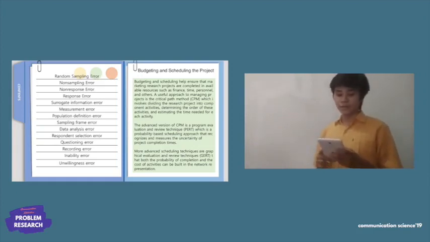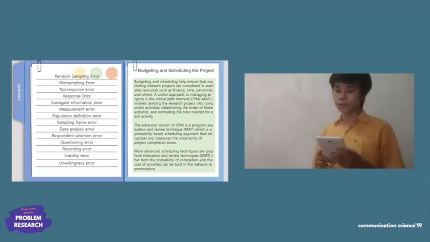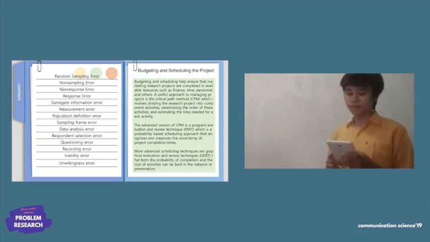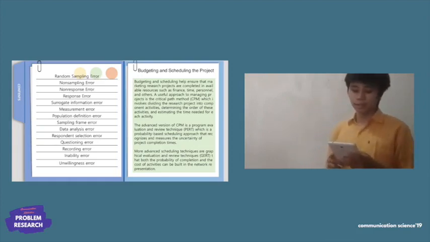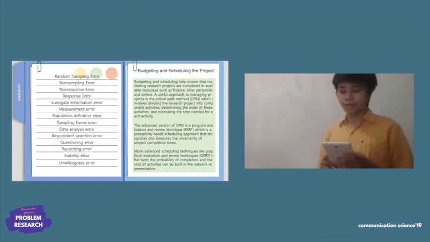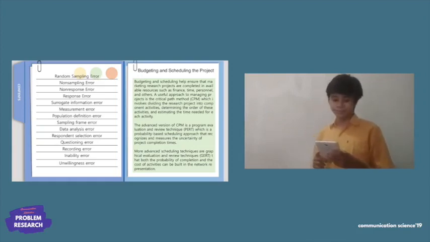The advanced version of CPM, or critical path method, is the program evaluation and review technique, or PERT, which is a probability-based scheduling approach that recognizes and measures the uncertainty of project completion times.